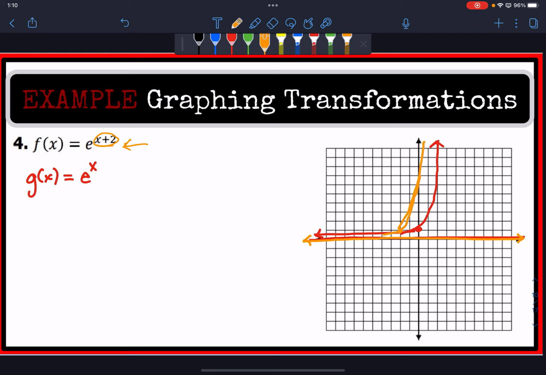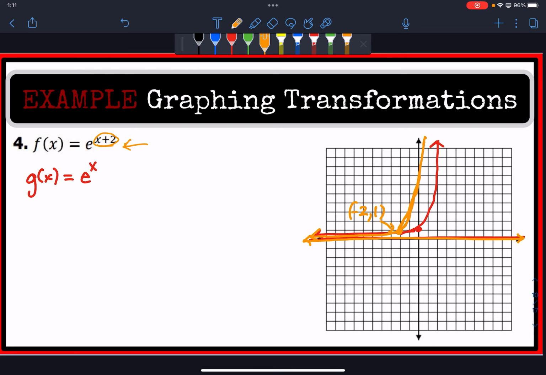And again, it's not drawn perfectly, but the curve is going to look like this. So it looks like it's going to overlap, but again, it's been shifted 2 units to the left. And just simply using this point as a reference point to count where the graph is going to move, that location that was originally at (0, 1) is now at (-2, 1).